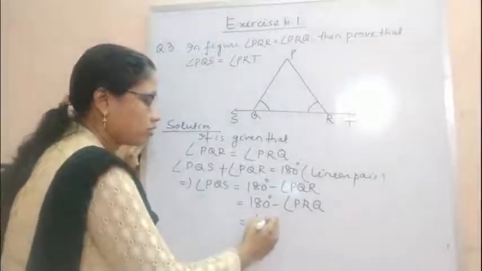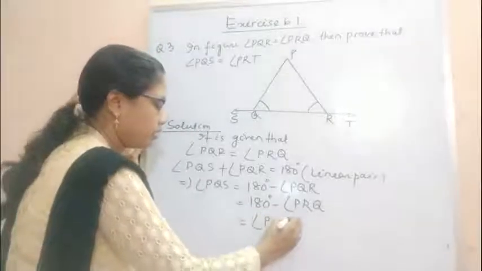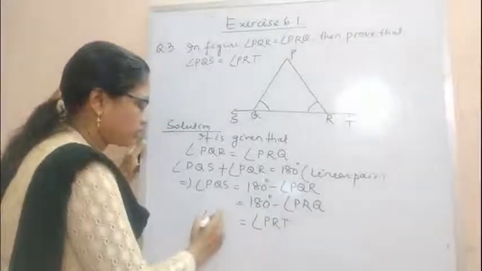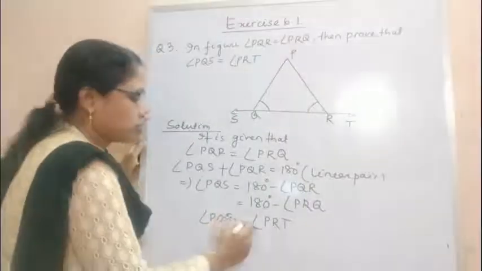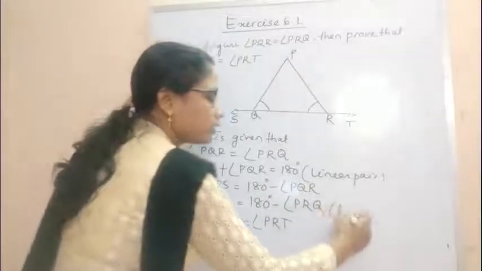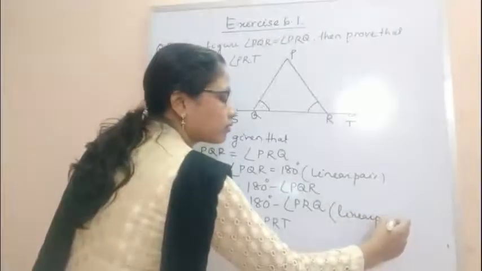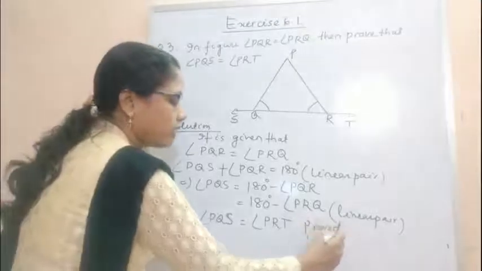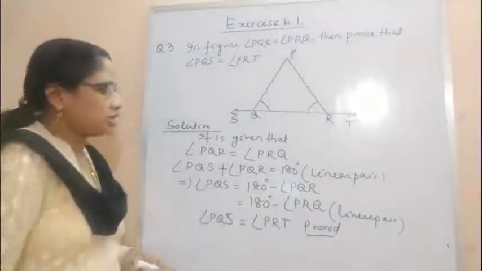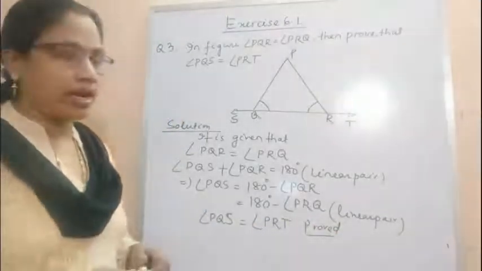So this is equal to angle PRT. So here in the left hand side, angle PQS is there. This is due to linear pair. So here we proved angle PQS is equal to angle PRT.